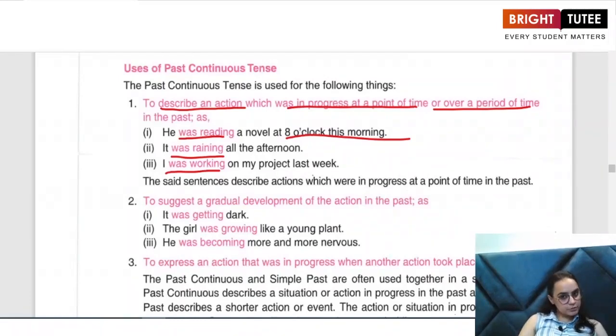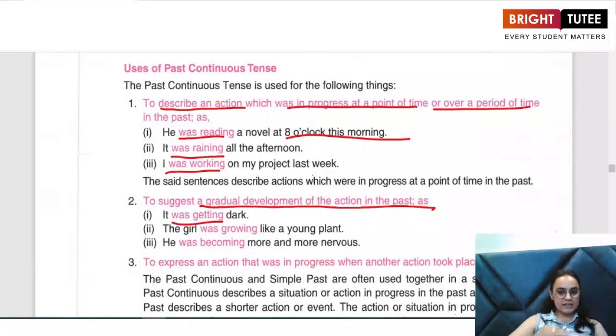The next use of the past continuous tense is to suggest a gradual development of the action in the past. Gradual means slowly, something which is developing. That is the gradual development of the action that took place in the past. For example, it was getting dark.